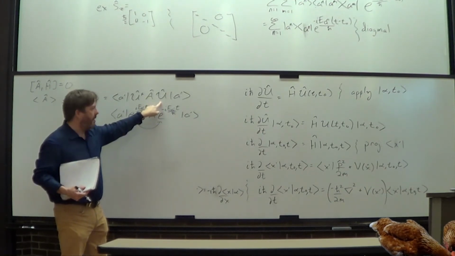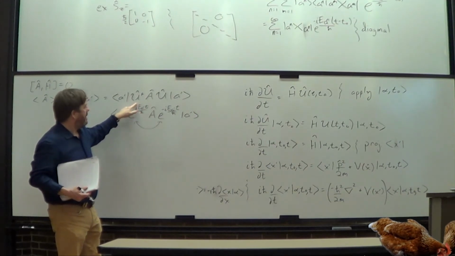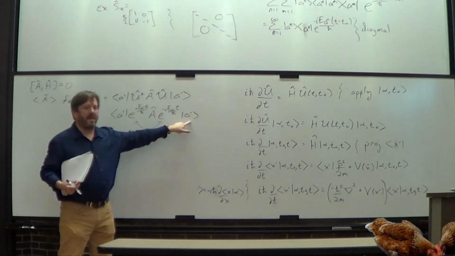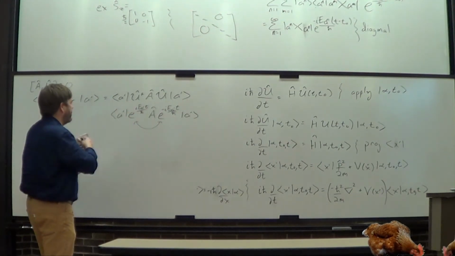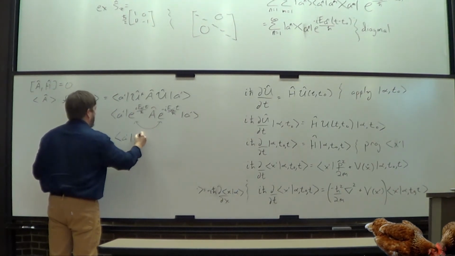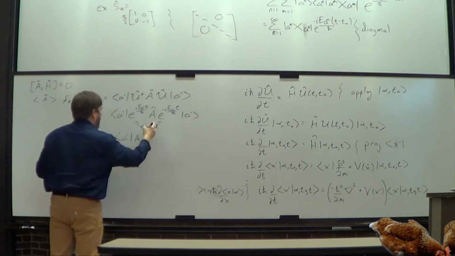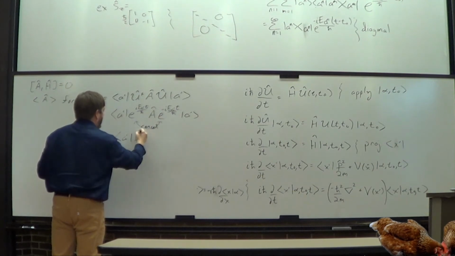No, not good. If you know that these commute, you can, or if you're working on this situation where the state is an eigenvalue of the unitary operator, in this case the time evolution operator, now you can. Now these can cancel. It's e to the I times e to the minus I, basically.